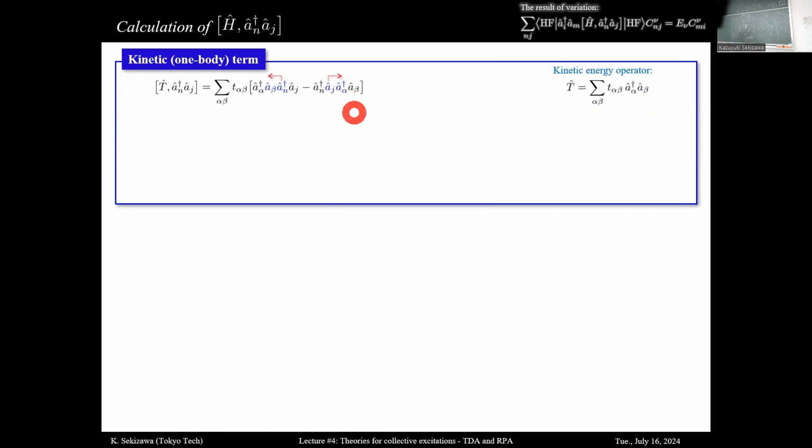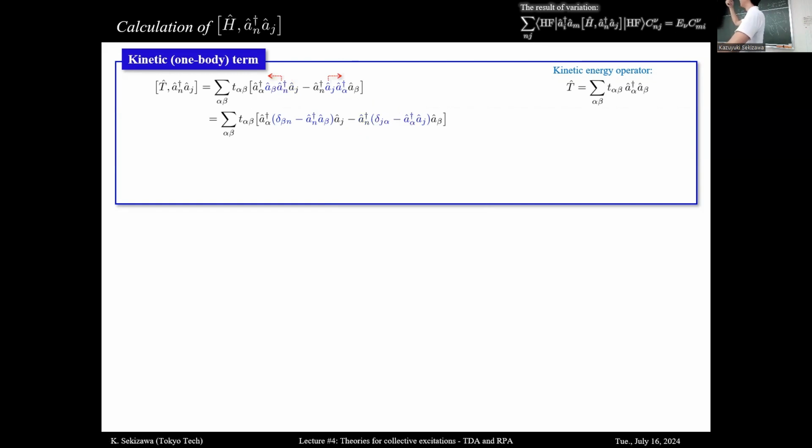Then what you should try is to operate on this, for instance, Hj, with this annihilation operator. Here we are trying to reduce the number of operators, so what you should try is to put it in normal order.